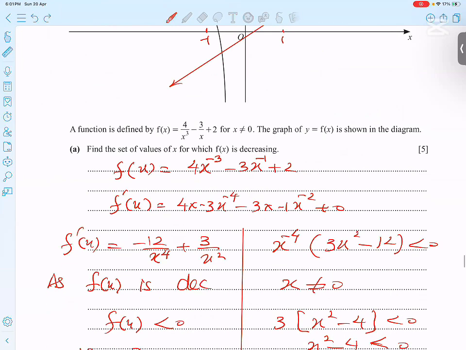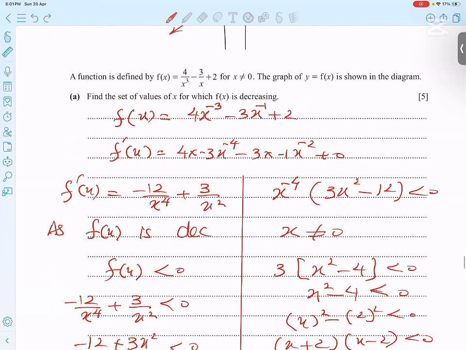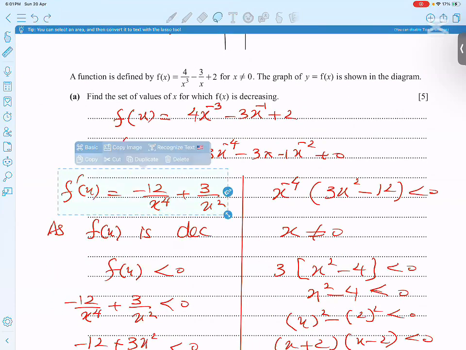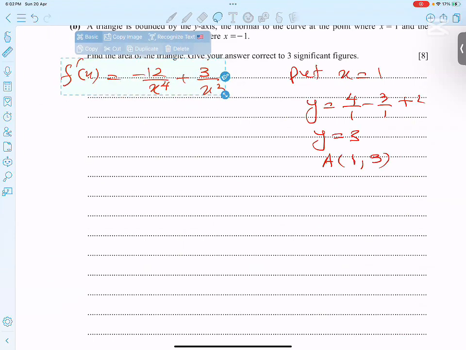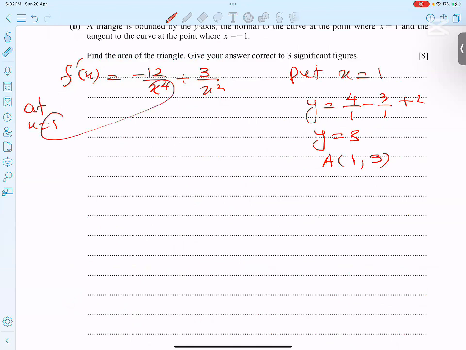The differentiation I have already, no need to waste time. So I take this from here, copy, and paste here. I'm saying at x equal to 1, when I plug in 1 here, it gives me the gradient of the tangent by default. And I'm getting the gradient of the tangent as negative 9. But what is the normal? The negative reciprocal.